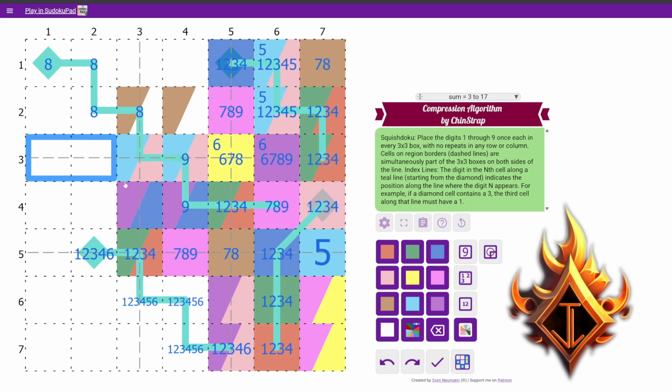But does both of them go there? Dark blue or dark pink? It's 1, 2, 3, 4, 5, 6, 7.